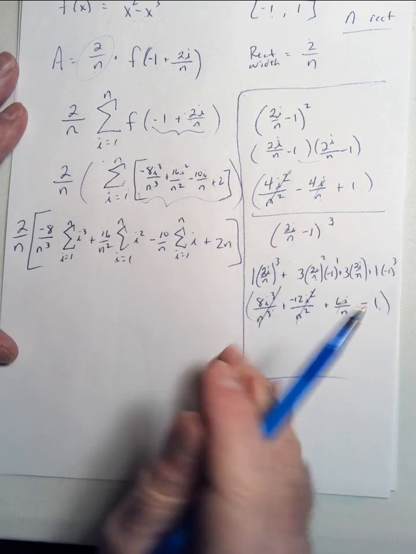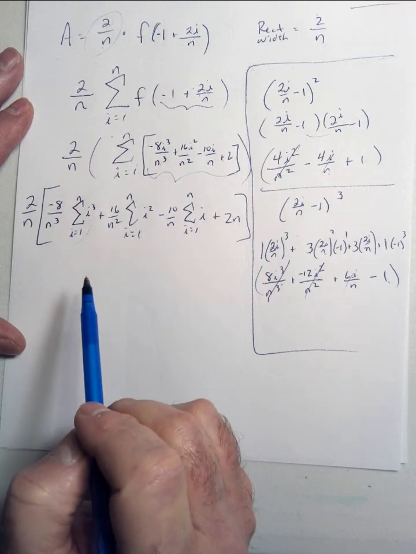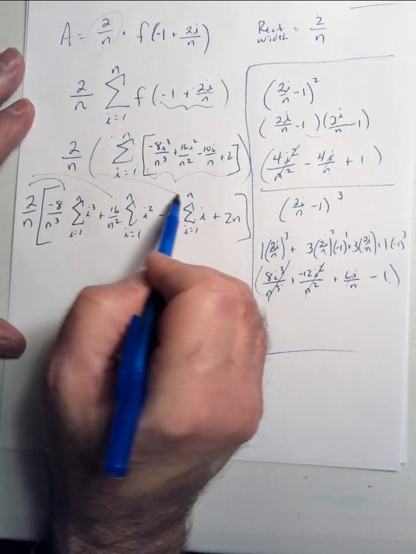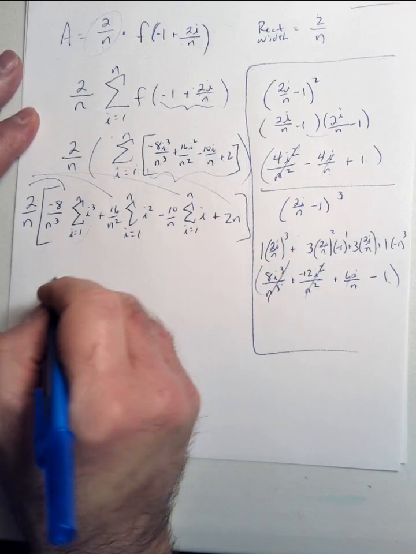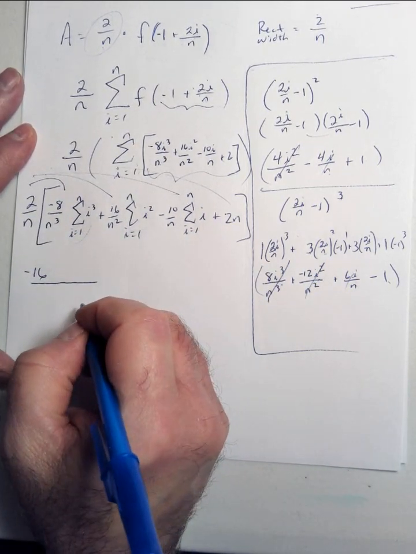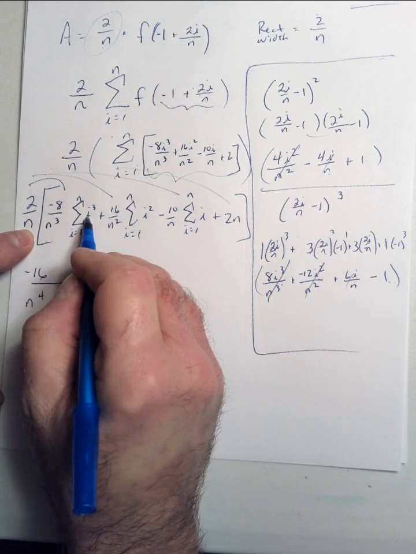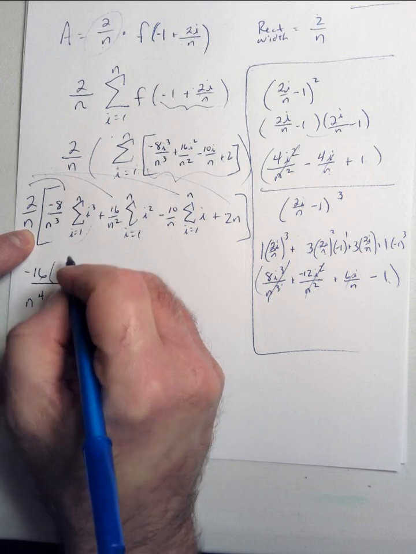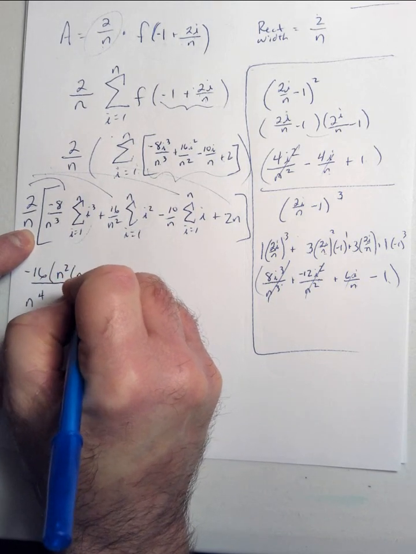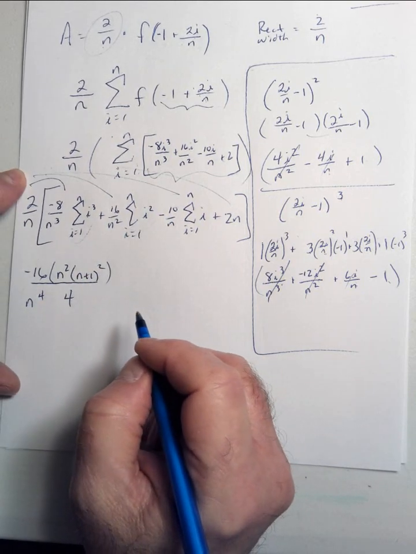And then remember what we do at this point. We're going to put our formulas in, and while I do that, I'm going to distribute this guy at the same time. All right? So I have a negative 16 over n to the 4th times the formula, so this becomes n squared, n plus 1 squared over 4.